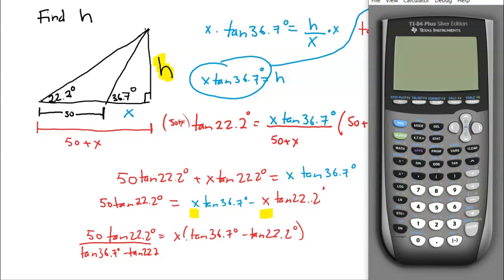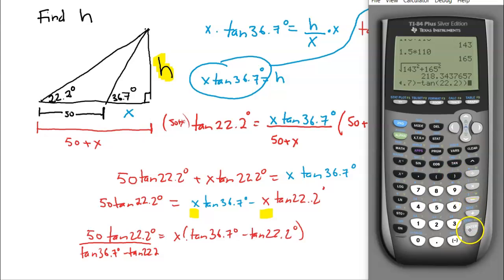So let's plug that into our calculator. We have to be careful when we use this. We have to use parentheses. So parentheses, 50 tan 22.2, close my parentheses, so double parentheses, divide by, open parentheses, tangent 36.7, there we go, and then minus my tangent 22.2, close.